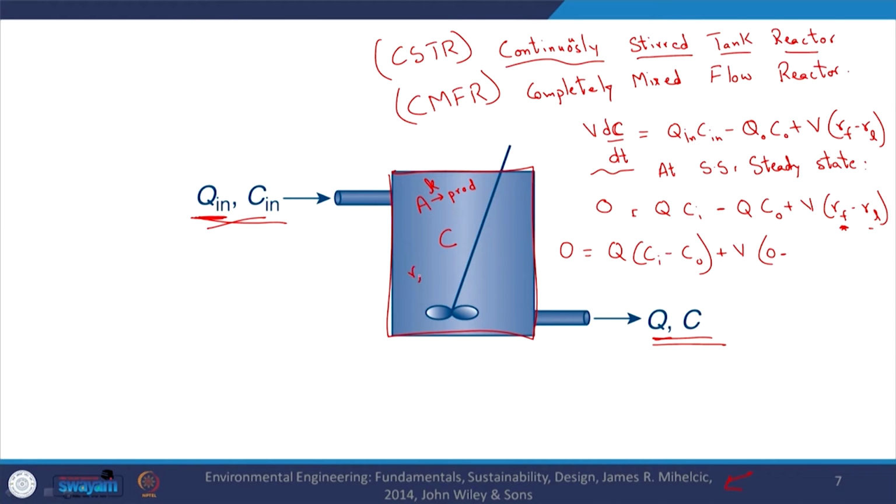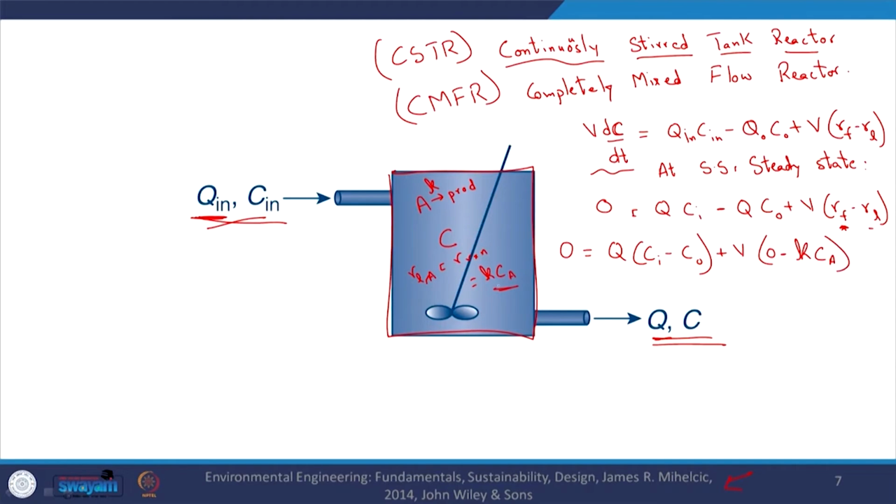The rate of loss of A is equal to the stoichiometric coefficient 1 times the rate of the reaction, and what is the rate of reaction? It is nothing but K times the concentration of A within the reactor. That is what I am going to plug in here, minus K times the concentration of A within the reactor.